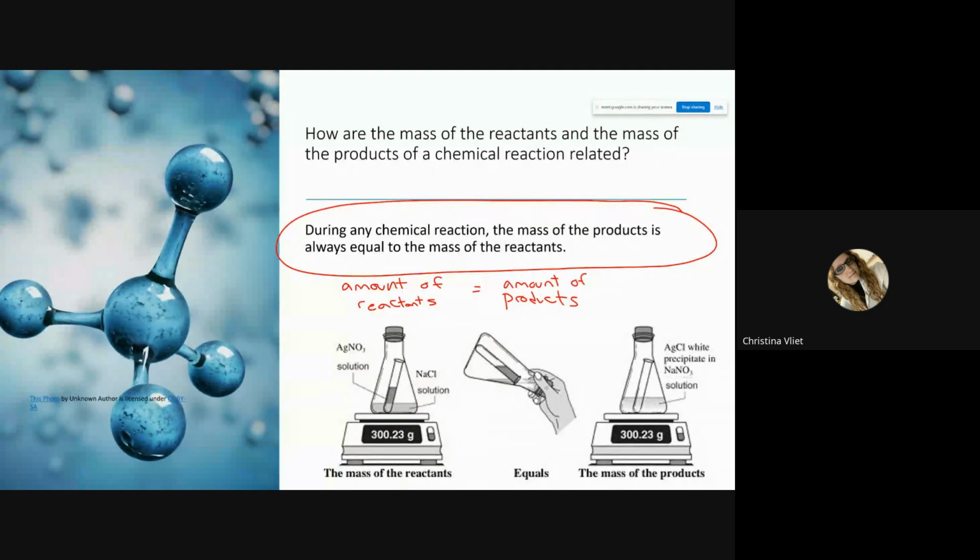So you should write down the part that I circled and the part that I added, just to remind you. This has a fancy name.